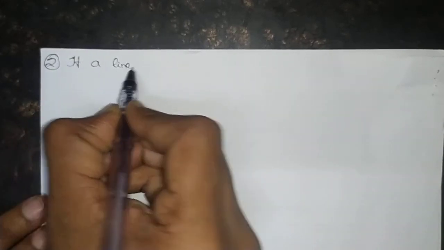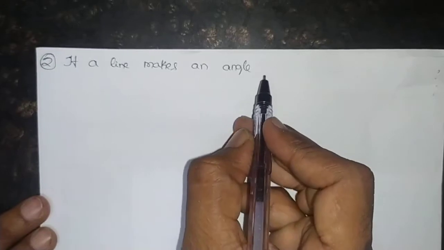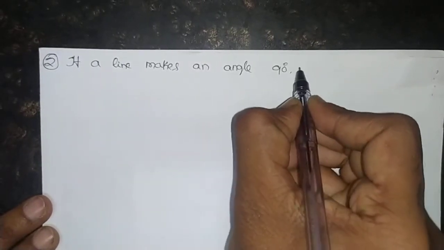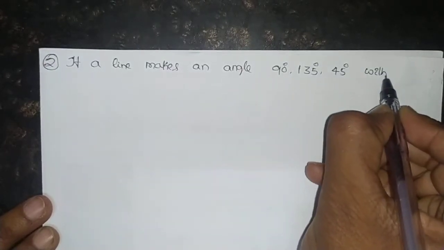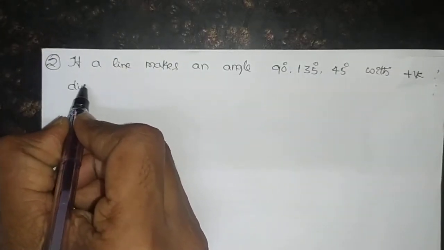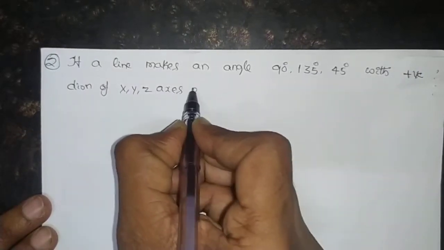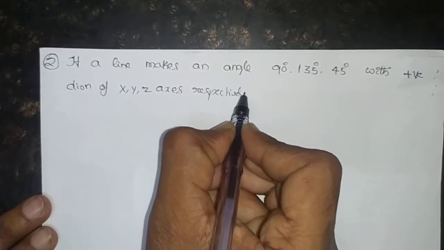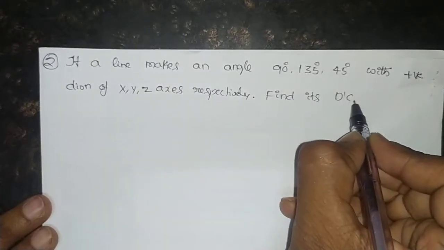Second question: if a line makes angles 90 degrees, 135 degrees, 45 degrees with the positive direction of x, y, z axes respectively, find its direction cosines.